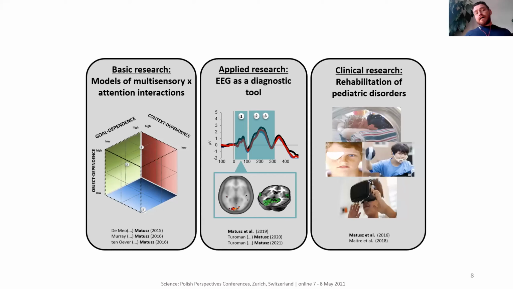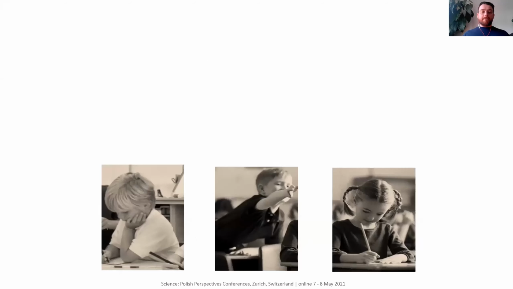And finally, we combine this knowledge to help rehabilitate different pediatric disorders, from children born prematurely to kids with lazy eye, with amblyopia, to kids with cerebral palsy, using also advances in technology such as VR.